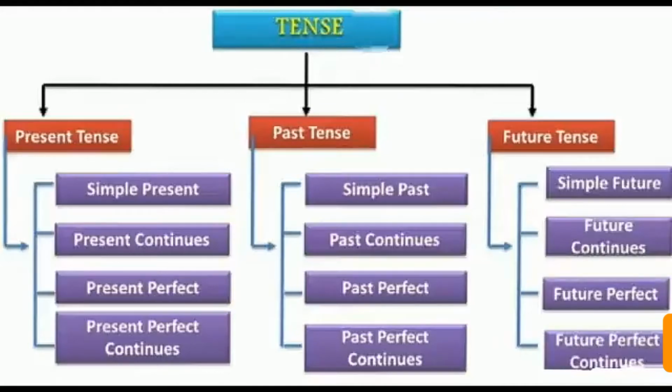In the same manner, past tense also has the simple past tense, then past continuous tense, then past perfect tense, then past perfect continuous tense. And in the same manner, future tense also has all these four bifurcations. That is, first is simple future tense, then future continuous, then future perfect, and then future perfect continuous.